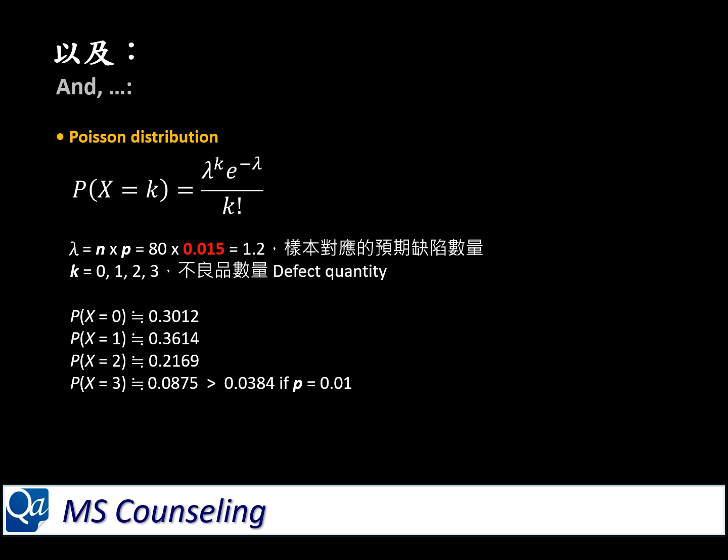Since the defect rate here is 0.015, the expected number of defects is lambda equals 80 times 0.015 equals 1.2. In this way, the Poisson distribution can be used to estimate the probability of finding 0, 1, 2 or 3 defective products.